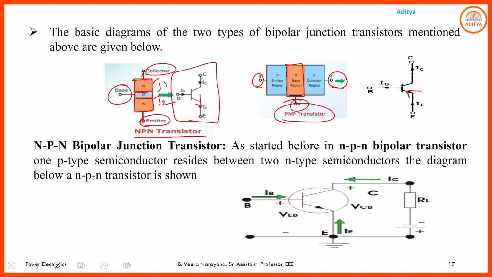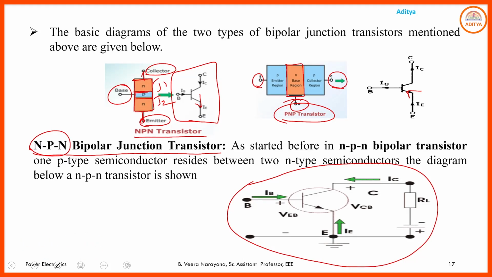So if you go through this NPN bipolar junction transistor, one P-type semiconductor is sandwiched by two N-type semiconductors. This is the circuit diagram used to analyze the steady state characteristics of the NPN transistor. Here, the current flows towards the emitter, which is the NPN transistor symbolically.